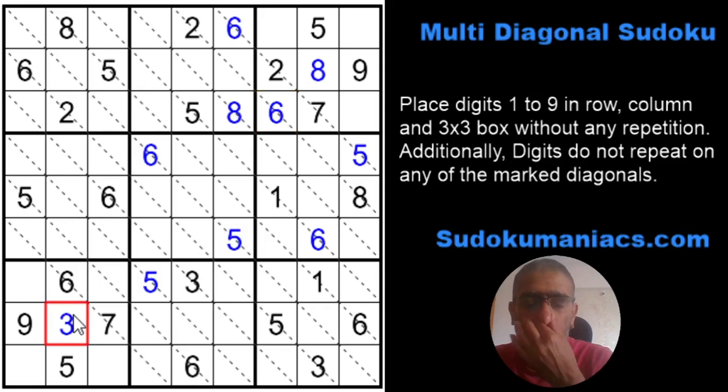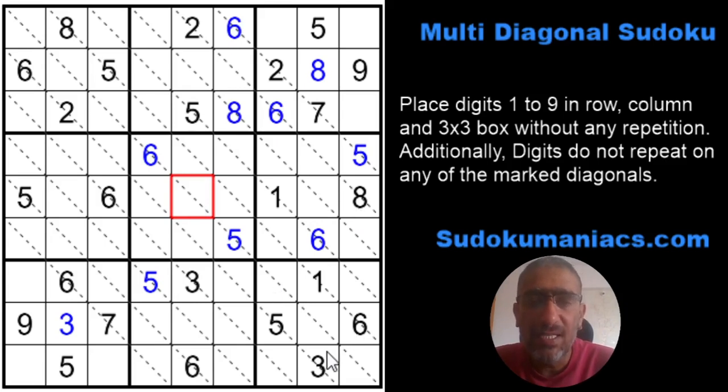Right? Now, where do we go from here? Oh yes, just like we did for the 6s on the main diagonal, I know 8 cannot be in box 1 for the main diagonal. It cannot be in box 5 because there's only one place left on the main diagonal and we already have an 8 in row 5.